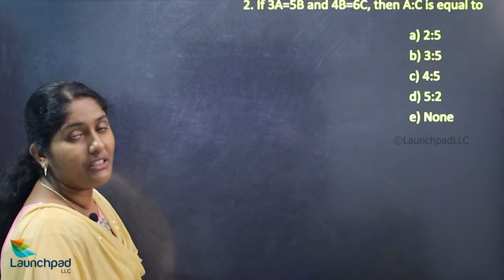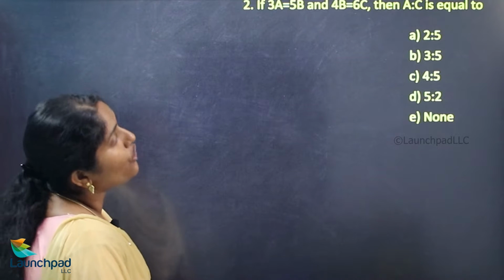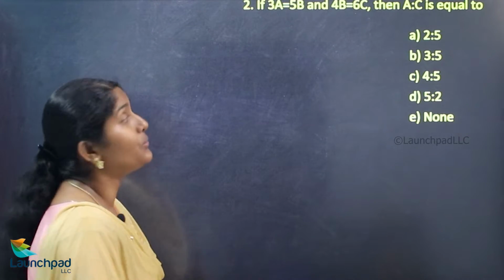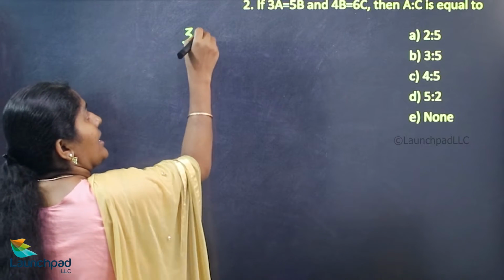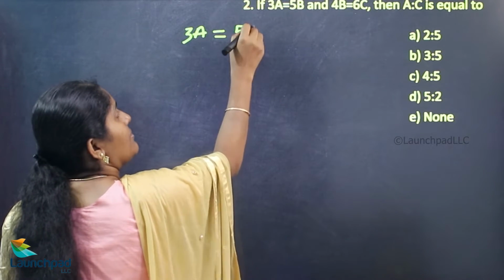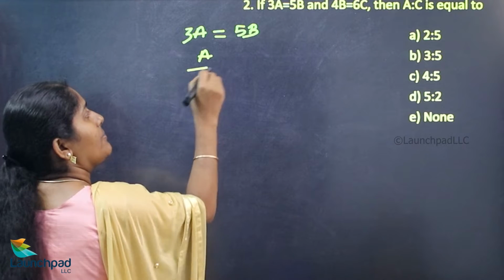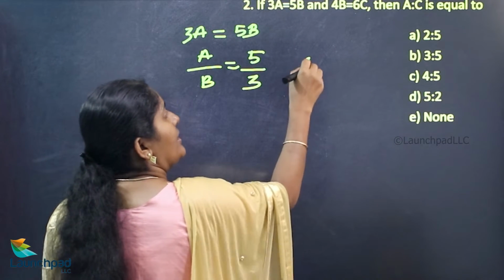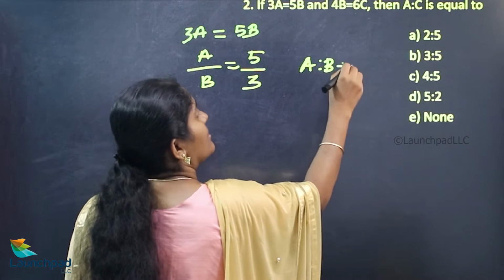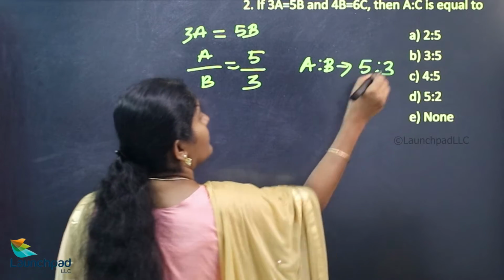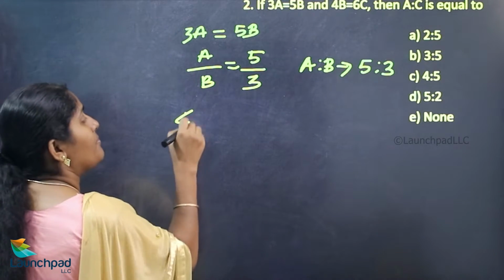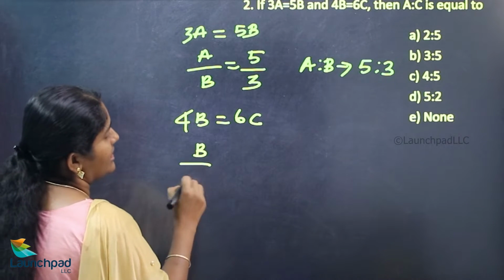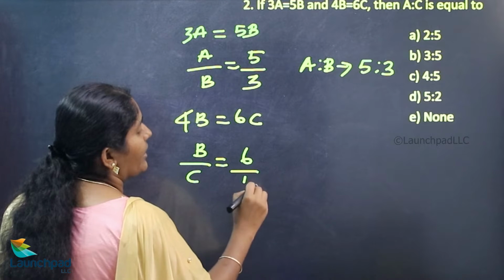If 3A is equal to 5B and 4B is equal to 6C, then A is to C is equal to, so 3A which is equal to 5B means A divided by B is 5 by 3. Therefore, A is to B is 5 is to 3. 4B is equal to 6C. B divided by C is equal to 6 divided by 4.